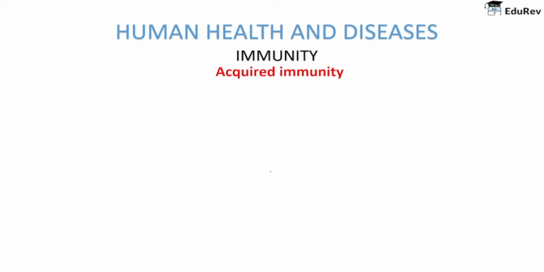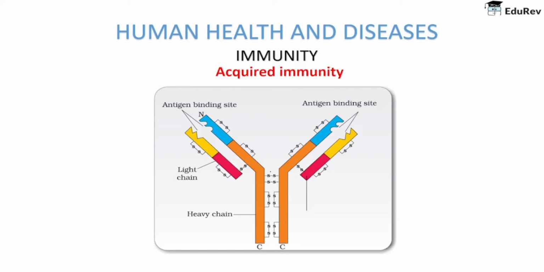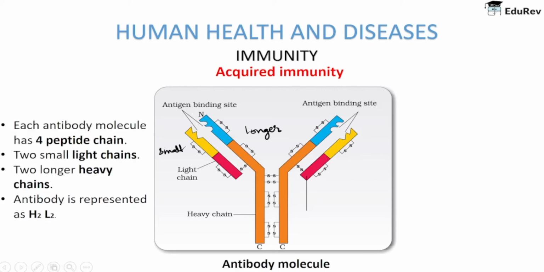Each antibody produced by B cells has 4 peptide chains, 2 small chains and 2 longer chains. Now, the 2 small chains here, as you can see in this image, are known as the light chain, and the 2 longer chains in this antibody molecule are known as the heavy chain.